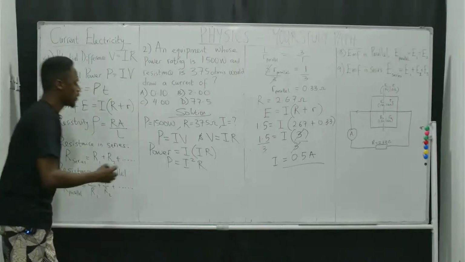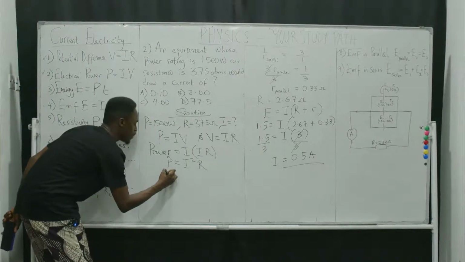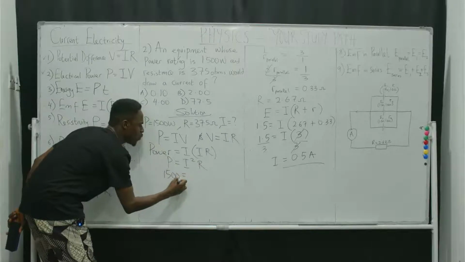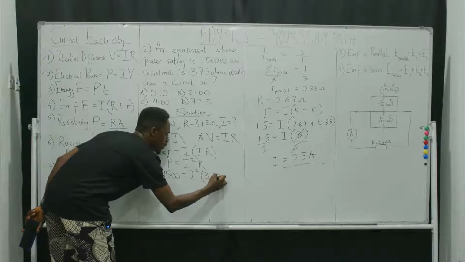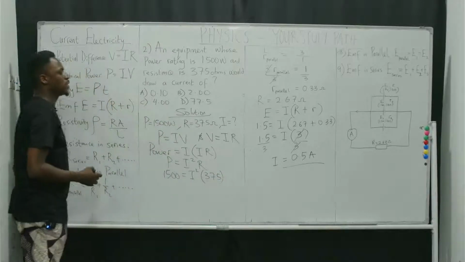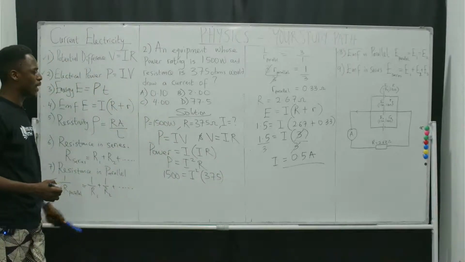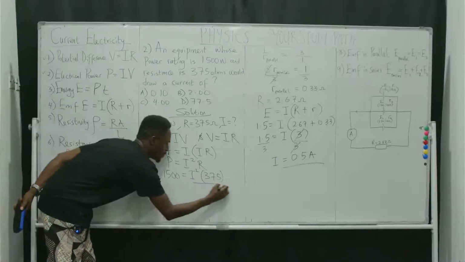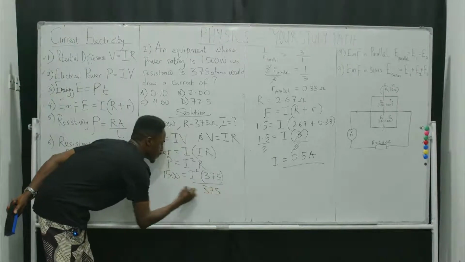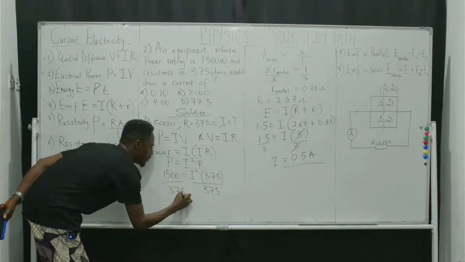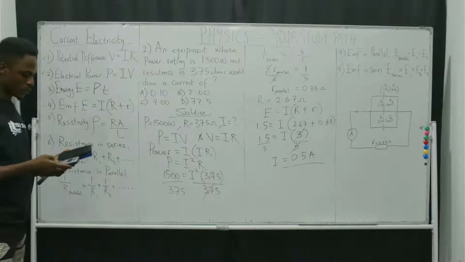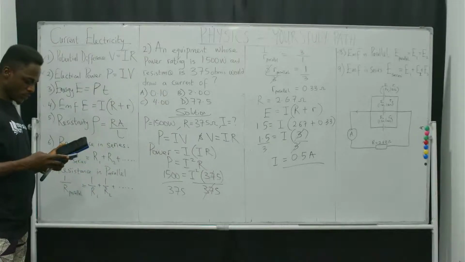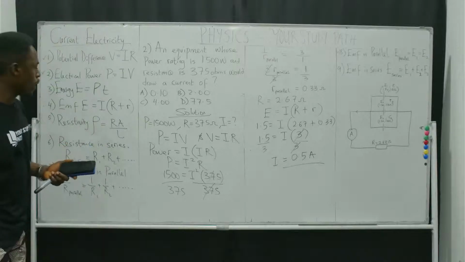Putting in the values that we have, 1,500 equals I squared multiplied by 375. We divide both sides by 375, and we have 4 as our answer.